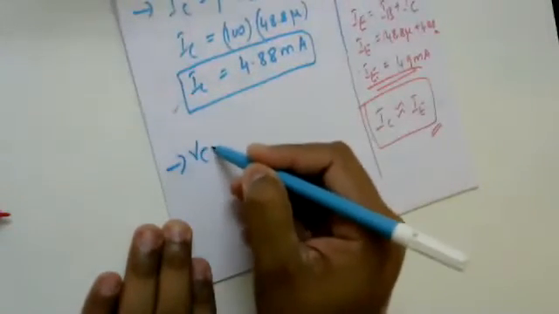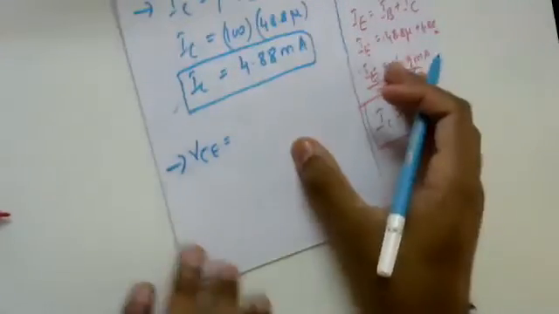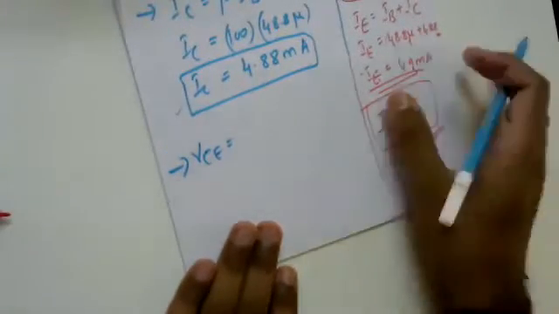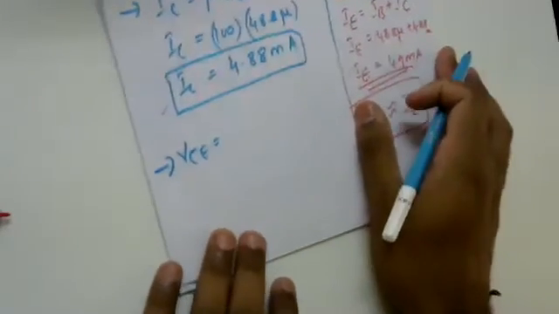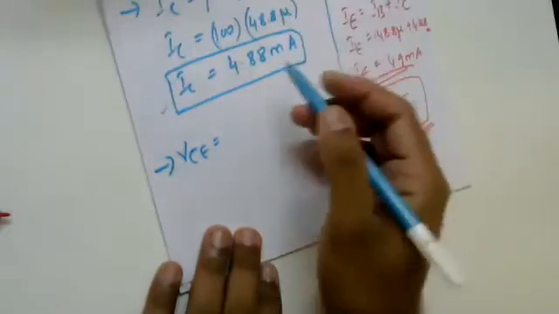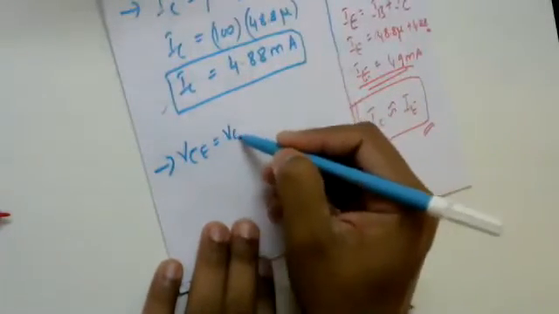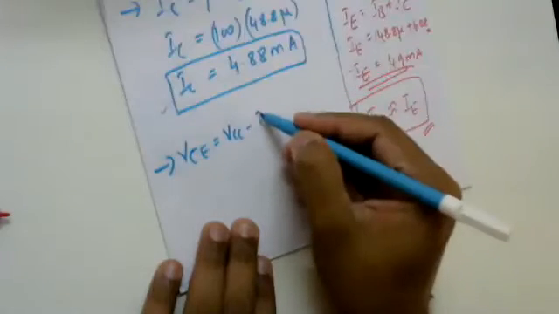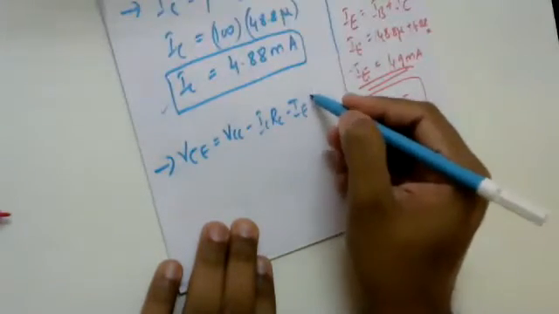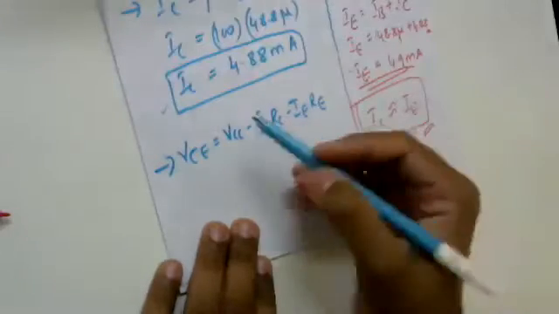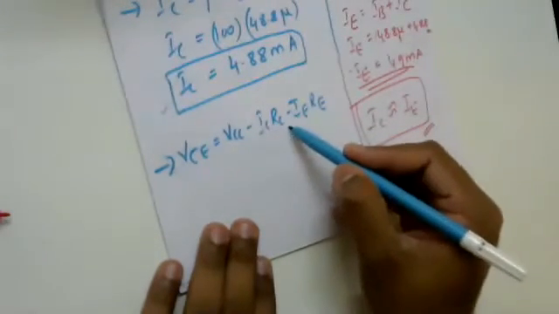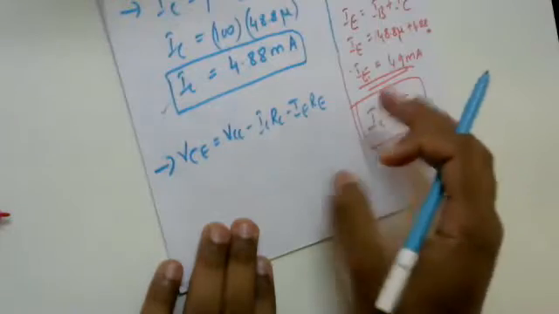So how to compute VCE? We know the equation: we have to apply the KVL loop to the output circuit. VCE is equal to VCC minus ICRC minus IE into RE.